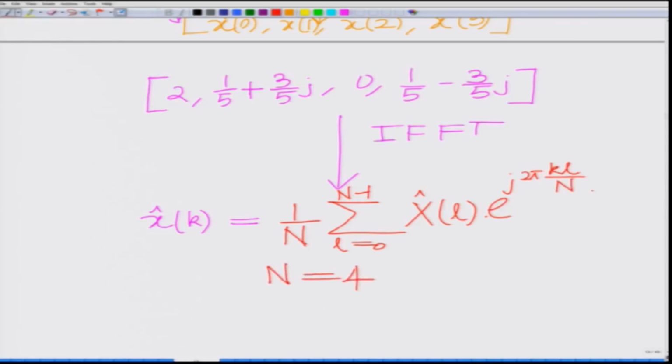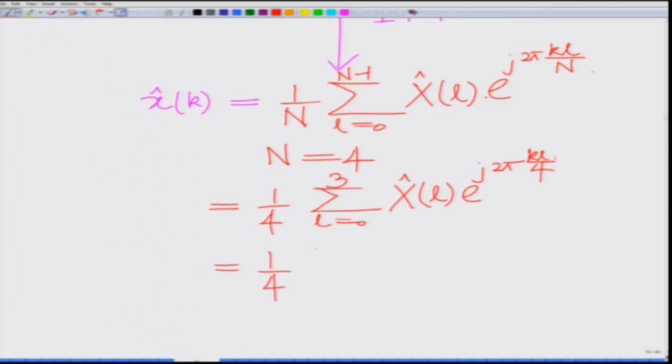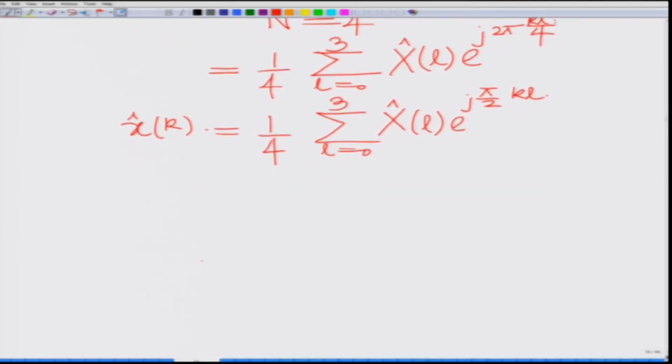Substitute n equal to 4, and what we have is small x hat of k equals 1 over 4 summation, small l equals 0 to 3, capital X hat of L e power j 2 pi k L divided by 4, which is equal to 1 over 4 summation L equal to 0 to 3 capital X hat of L e power j pi by 2 times k L.